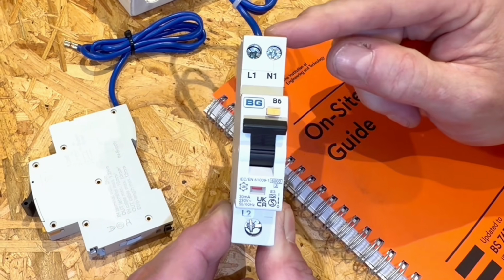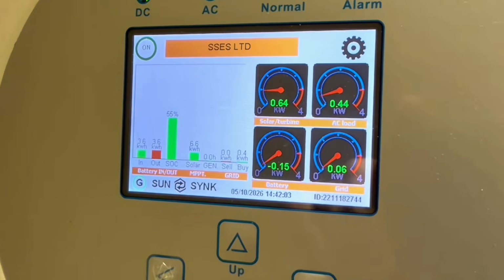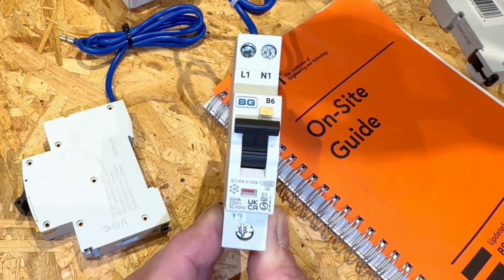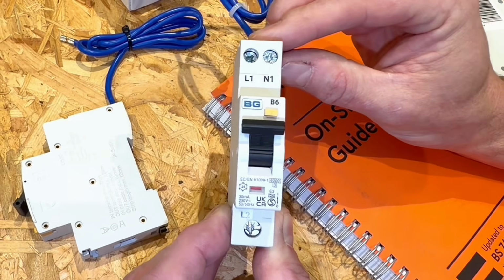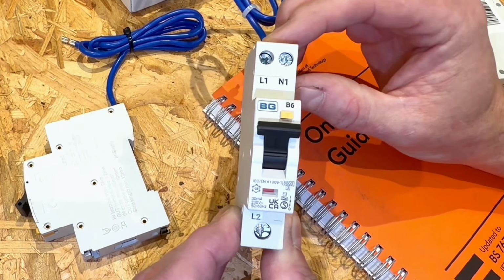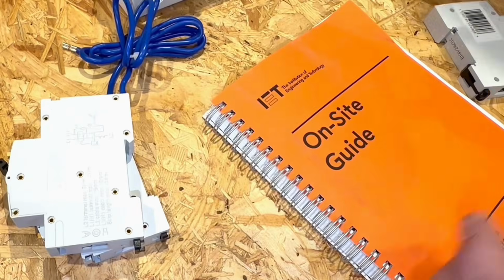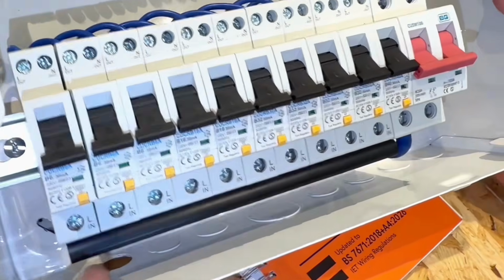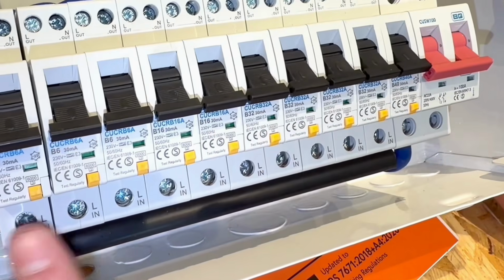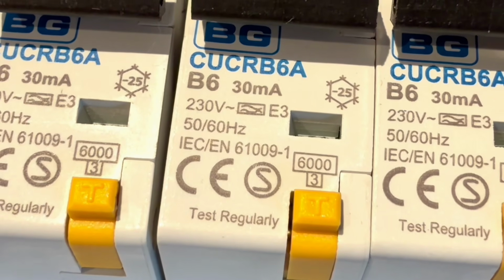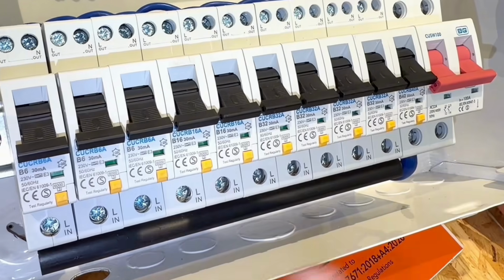So we would be happy to have this connected to an inverter where the electricity would come into here, but also go out of here, because it is bi-directional. And this is a great improvement in our electrical industry, because we thought the first massive improvement was having consumer units full of RCBOs, meaning we have individual circuits on a type A RCD, and therefore if we had a fault it only disconnected one circuit, and that was great.